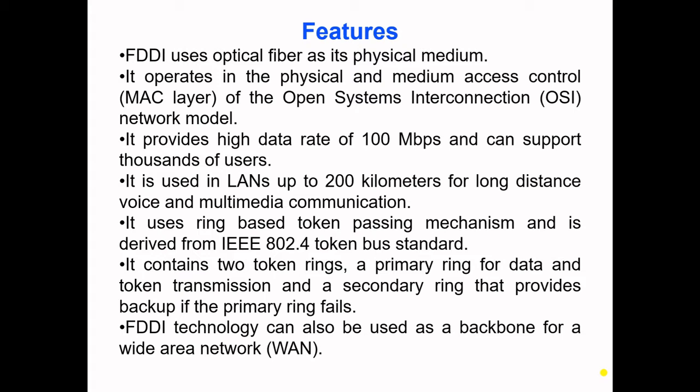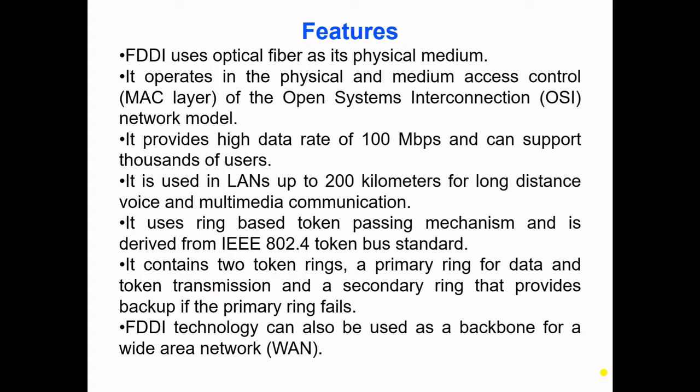In the OSI model there are 7 layers, and layer 2 is the data link layer. That data link layer is divided into 2 sublayers, that is logical link control and the MAC sublayer. FDDI operates in the physical and medium access control layer of the OSI model.